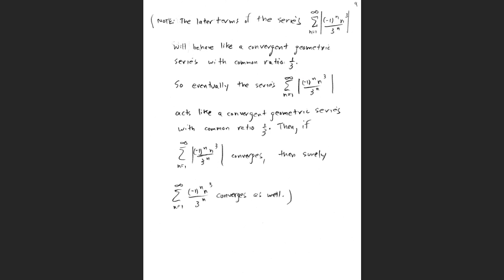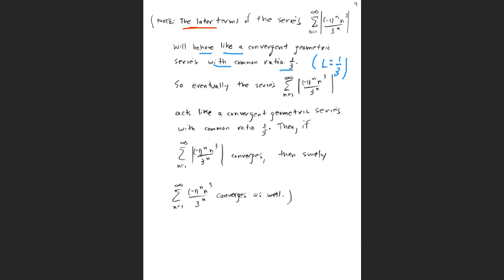So the later terms of the series will behave like a convergent geometric series with common ratio of a third, because remember, L was equal to a third in the ratio test.